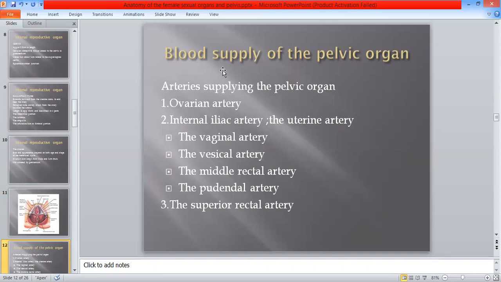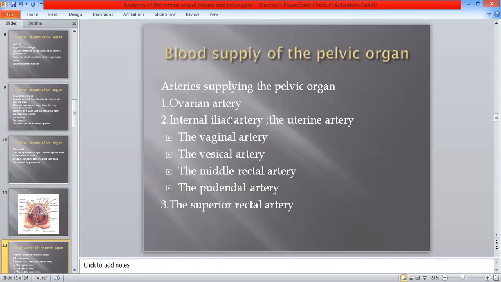The ovarian artery arises from the abdominal aorta, because the ovary develops in the abdomen and then migrates downward towards the pelvis. So it takes its blood supply from the abdominal aorta and goes downward, where it anastomoses with the other artery, supplies the uterus also, and also gives branches to the fallopian tube.